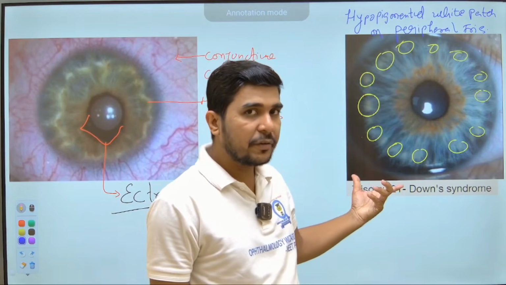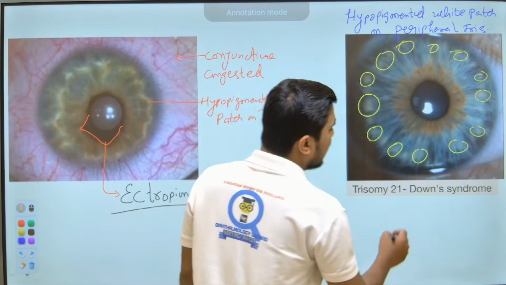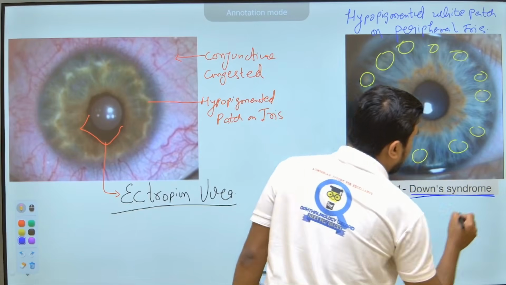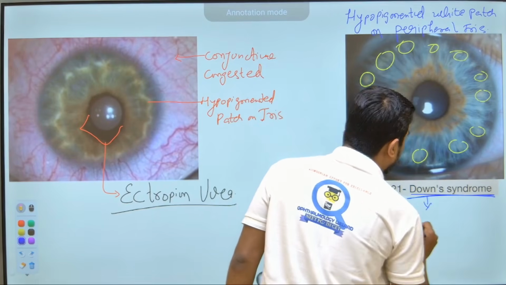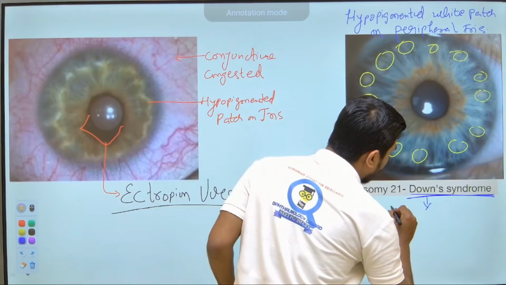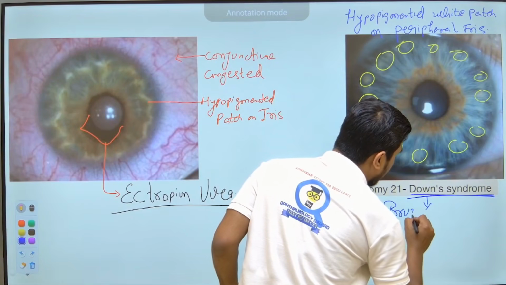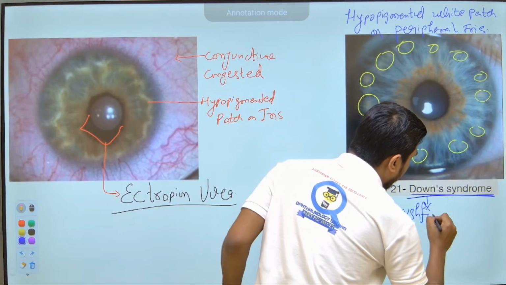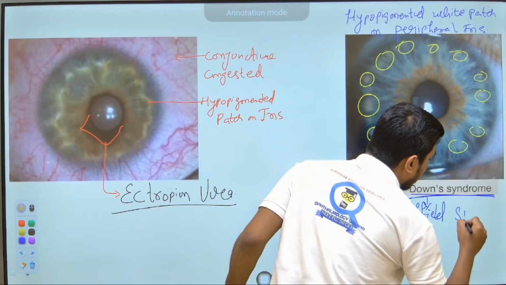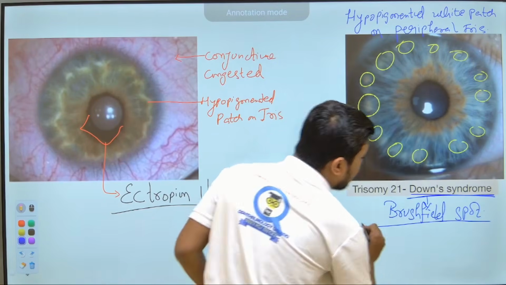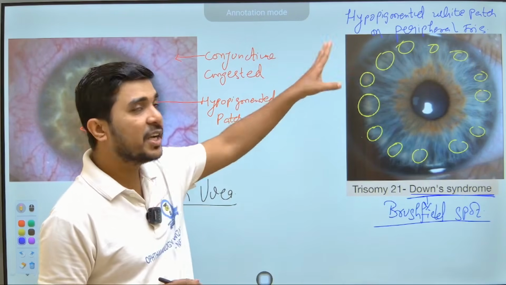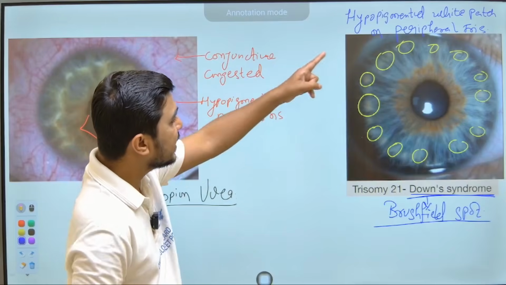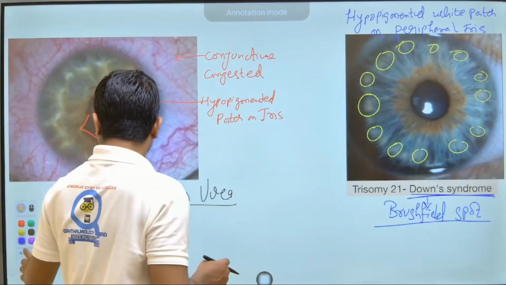This is your observation. Now if the patient has Down syndrome, then this white patch is known as Brushfield spot. Suppose this patient is normal and you see these white patches.